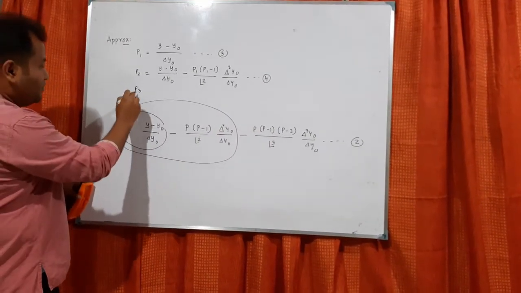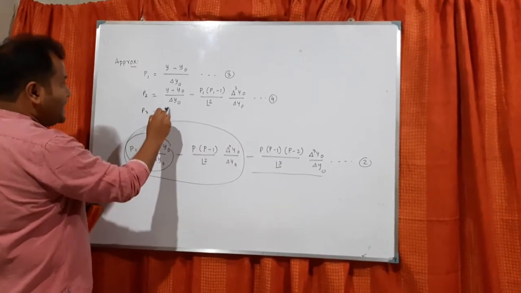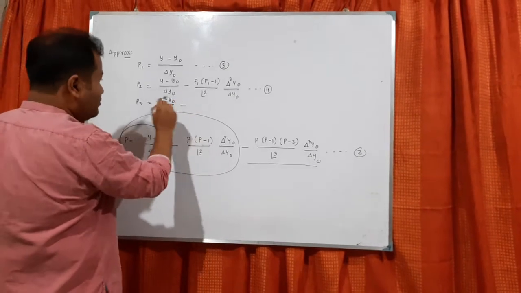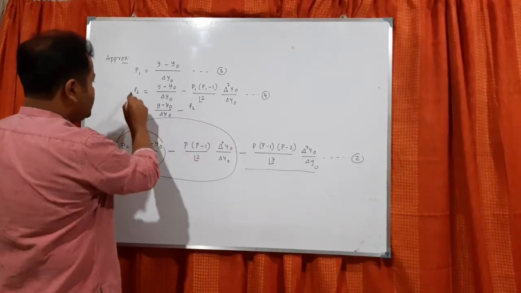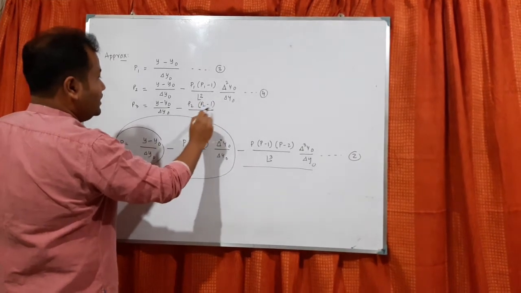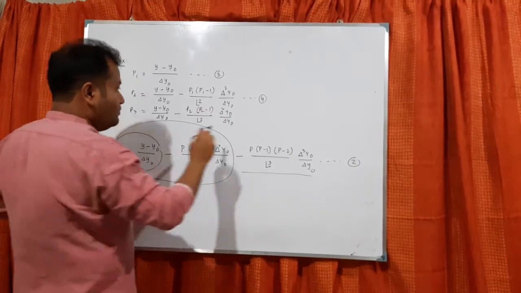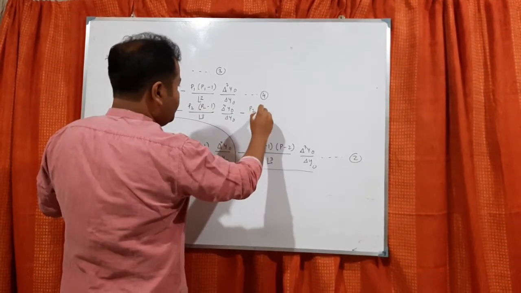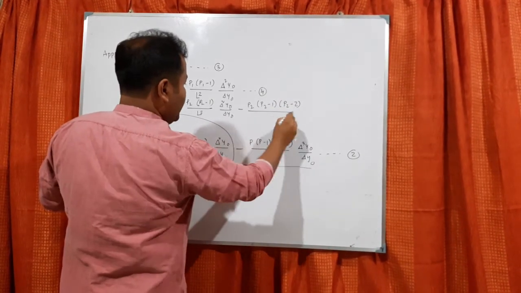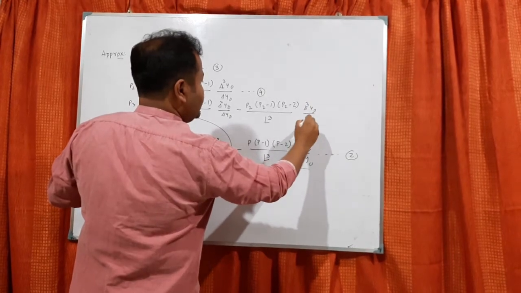Similarly, P3 will go up to the third term: y minus y0 by delta y0 minus, now with the updated value P2, P2 into P2 minus 1 divided by factorial 2 delta square y0 by delta y0 minus P2 into P2 minus 1 into P2 minus 2 divided by factorial 3 delta cube y0 by delta y0.